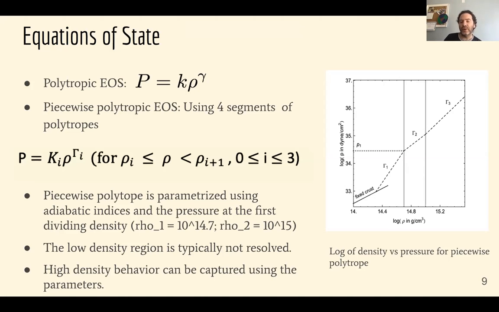That gives you a 4 parameter model: 3 polytropic indices, as well as a reference pressure to set the overall vertical scale.